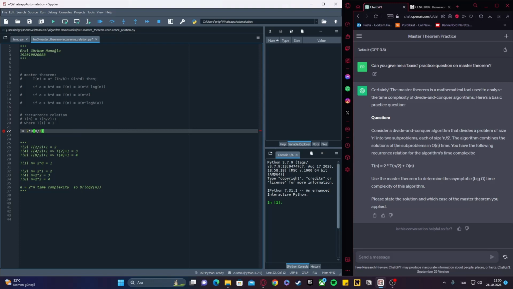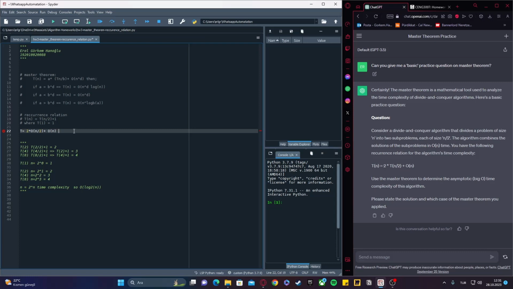And the algorithm combines the solutions of the subproblems in time O(n), and you have the following recurrence relation for the algorithm's time complexity. Use the master theorem to determine the asymptotic big O time complexity of this algorithm. State the solution and which case of the master theorem you applied.